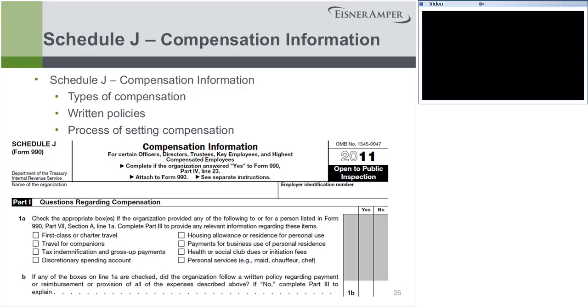One of the known exceptions is, for example, if a school has boarders, so kids sleeping at the school, it may be argued that the headmaster has to live on campus in case anything were to happen in the middle of the night, he needs to be present, right? There are a few exceptions to the rules where the IRS has found that it is acceptable to give free housing to particular individuals. But again, you check that box for housing, you probably want to explain it later on because it's like sending up a little red flag like, oh, by the way, we're doing this. Let's explain why we're doing it, right?